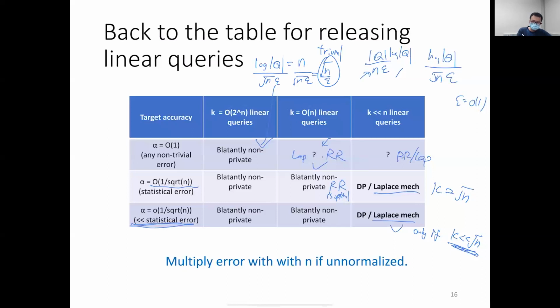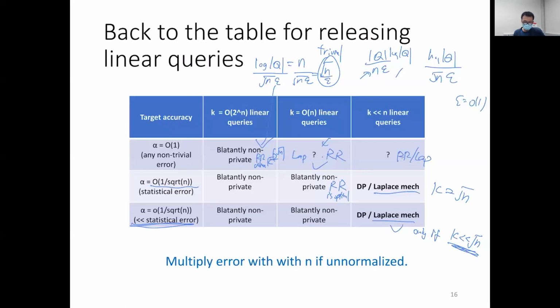So the Laplace mechanism doesn't actually obtain the lower bound in the case when k is 2 to the power of n, but it is able to obtain the constant error when k is 2 to the power of square root of n. Yeah, so it looks like there are still some gaps between the upper and lower bounds.